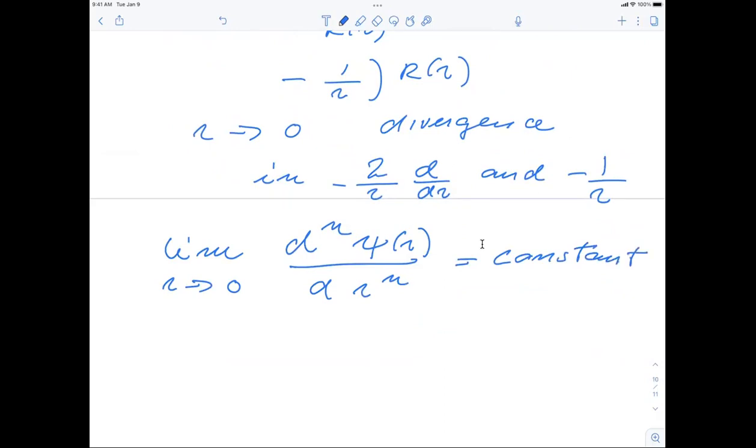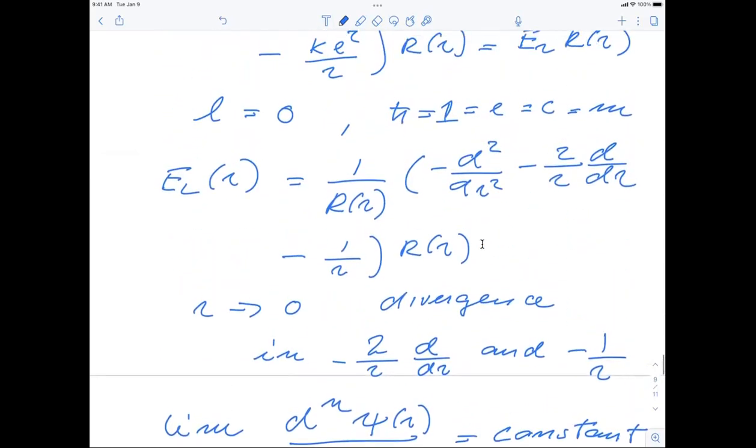If not, we would get kinetic energies which would diverge. So we cannot actually deal with that. So it means that the term which we have with the second derivative is something which is going to approach a constant. It means also that the term which we have here is something which is going to approach a constant. So these are requirements which we actually put on the wave functions in order to find the solution.